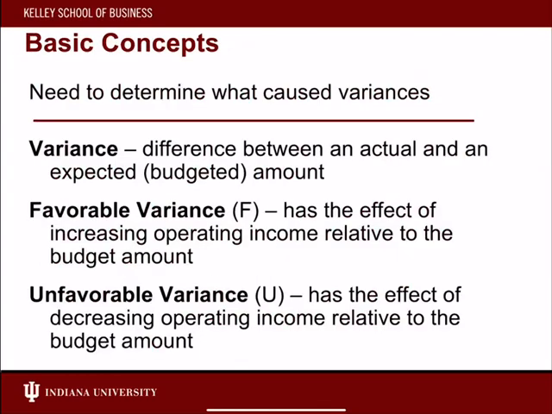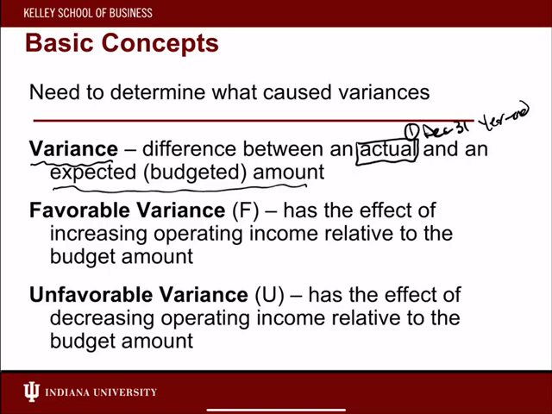So the basic concept that we need to know before we dive in is variance. We talked a little bit about this in the last lecture. A variance is any difference between what actually happened, so we're at December 31st, we see the numbers, this is year end, and we compare this to the budget.